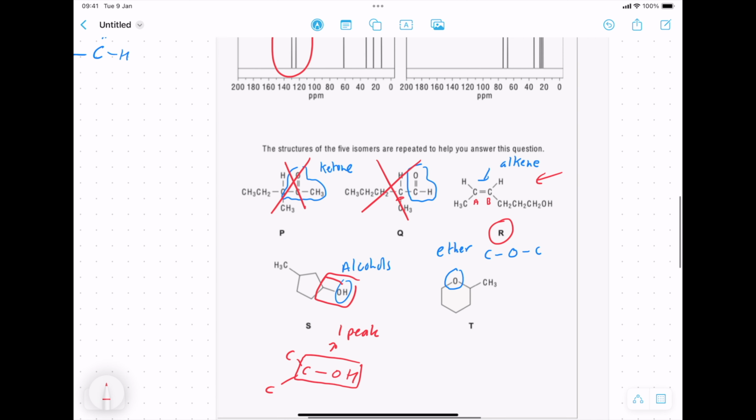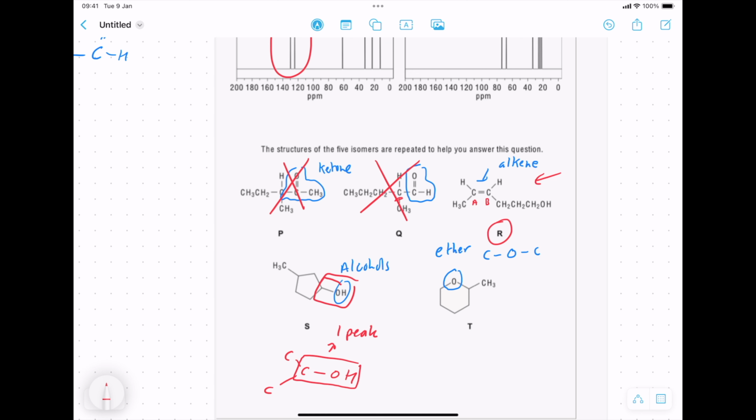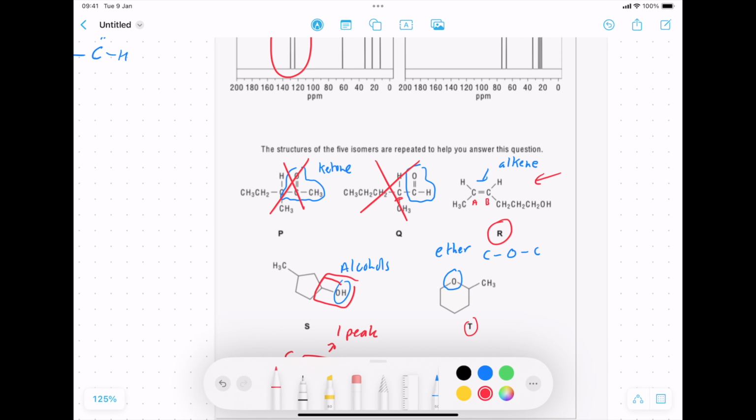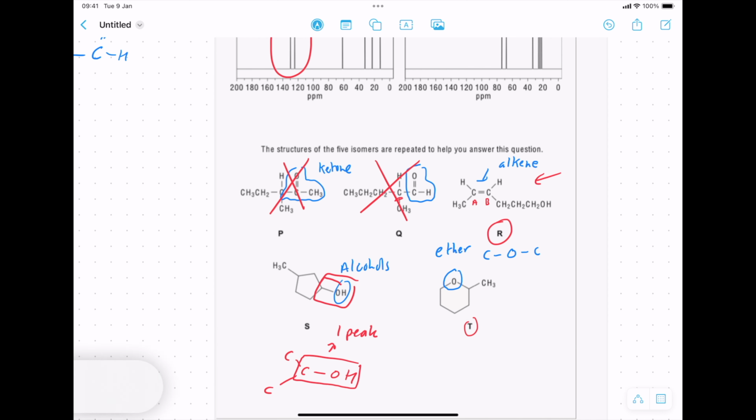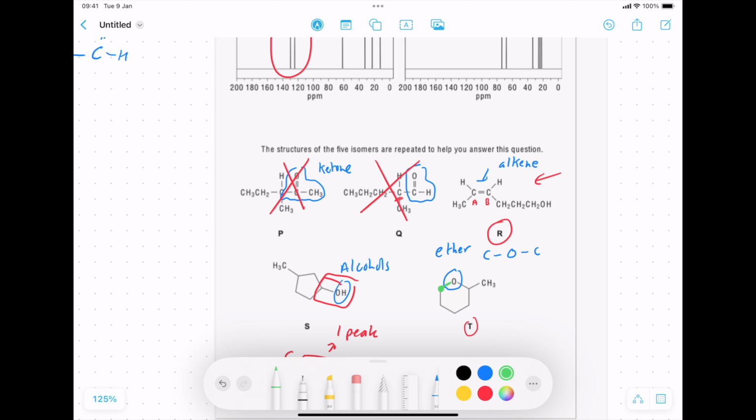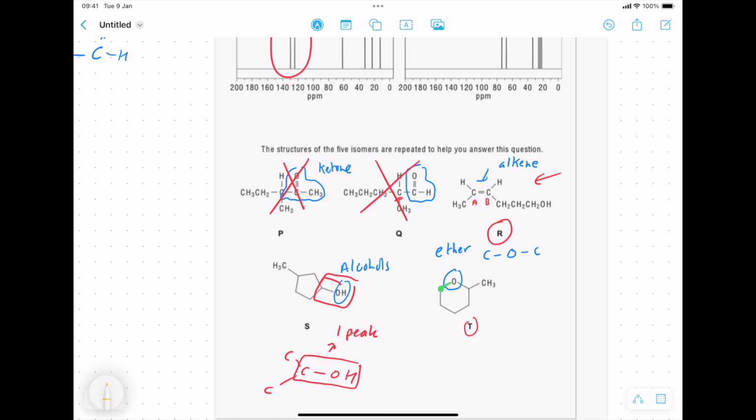And if we look at the molecule T, we can see there are actually two different C-O bonds. If I just use a color to highlight this, there's this one, where that carbon in green is attached to the oxygen there. And then the one immediately next to it, if I put this one in yellow, is that one there. So why are they different?